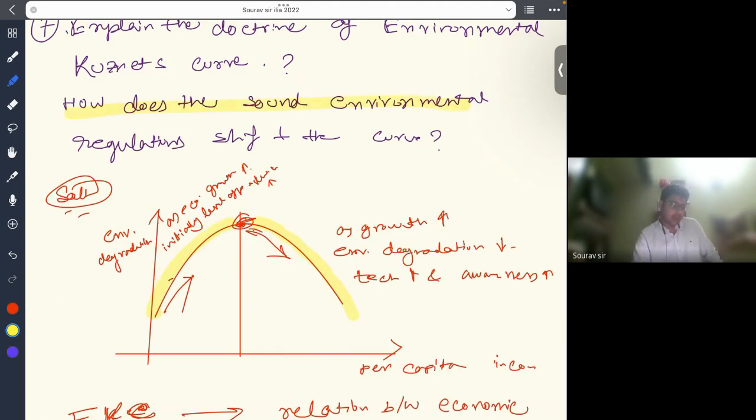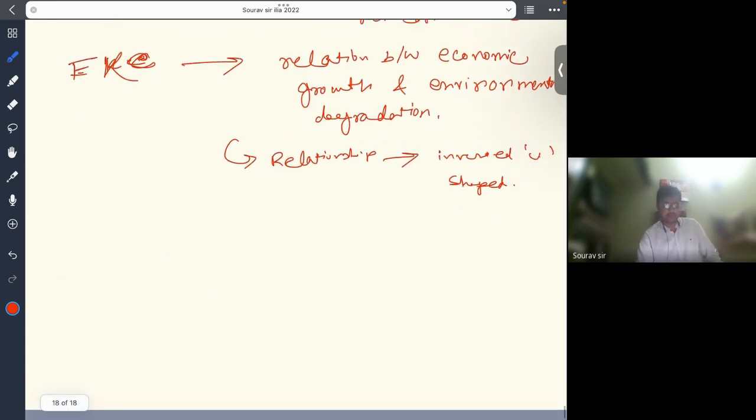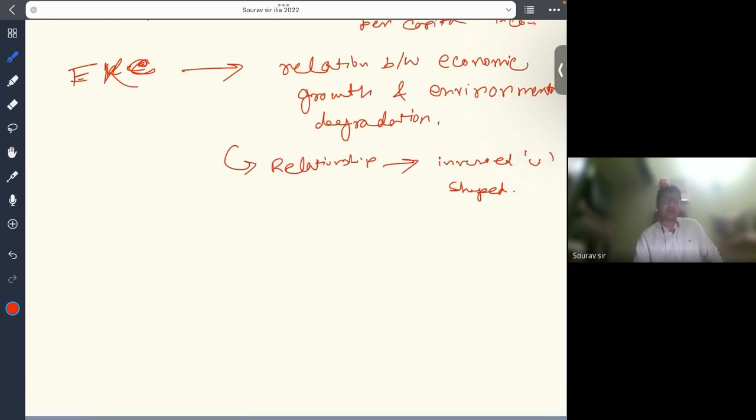shift the curve? Sound environmental regulation can shift the EKC to the left, indicating that the same level of environmental quality can be achieved at lower levels of income.